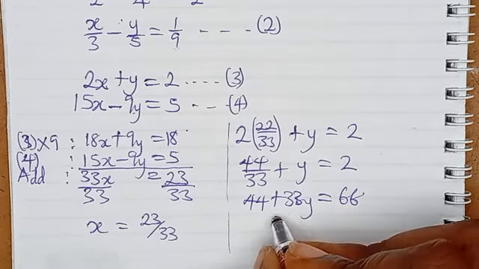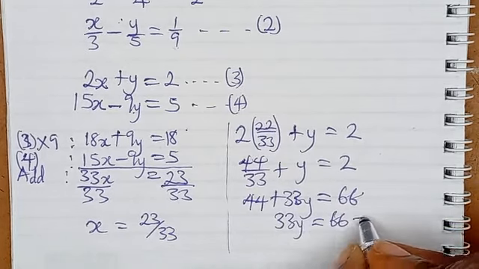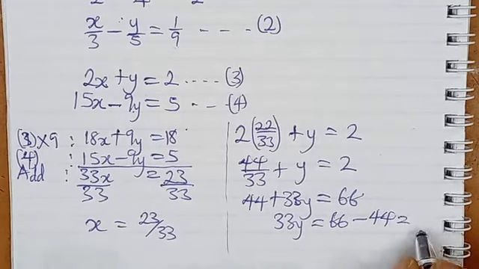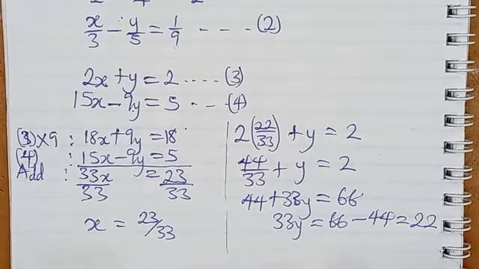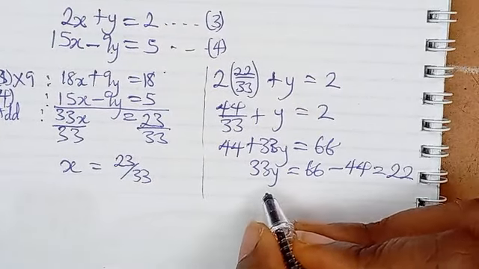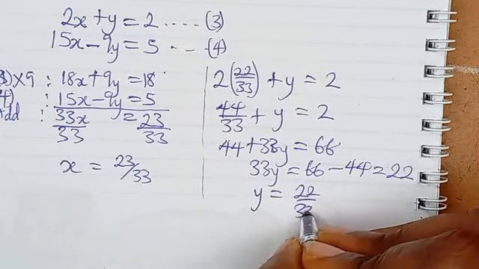We collect like terms. We have that 33y is equal to 66, and 44 crosses over to become minus 44, giving us 22. So we have that 33y is equal to 22. We divide both sides by 33, so y is equal to 22 over 33.